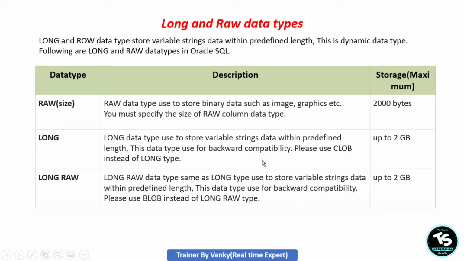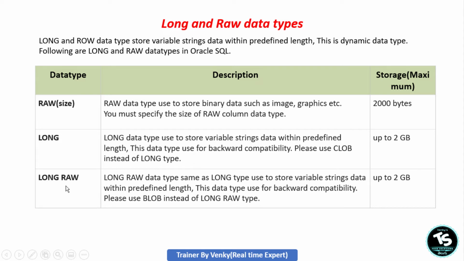But Oracle recommends that instead of LONG you can use CLOB, the character data type. I will tell you when you require to use this one and when you require the CLOB. So Oracle is recommending you to use CLOB, character large object, instead of LONG.